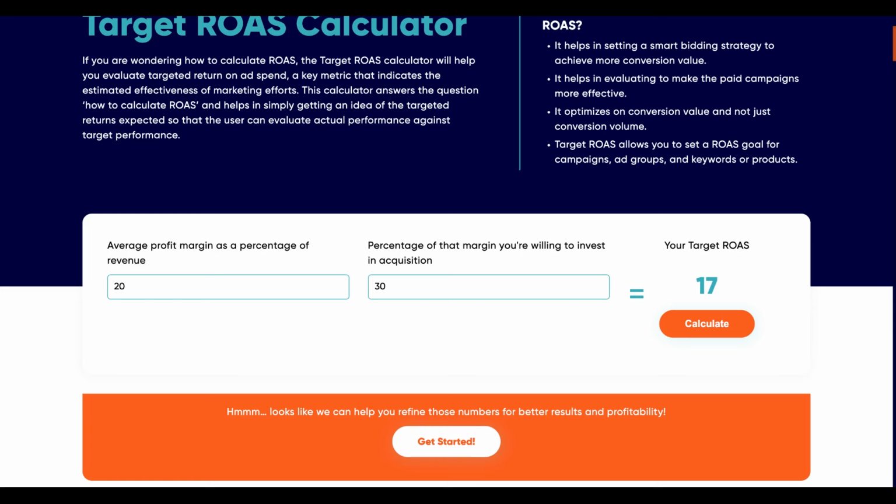Now, this calculator provides you an estimate and may not account for all factors affecting your advertisement ROI, but it's a good picture to get started. You can consider more factors like market competition and your campaign goals. Like I said, campaign goal is extremely important when you're looking for a particular bidding strategy. And a key distinct feature between target ROAS and target CPA lies in your campaign goal.